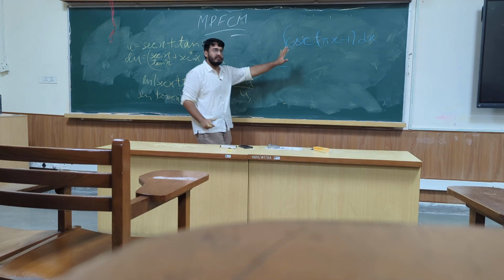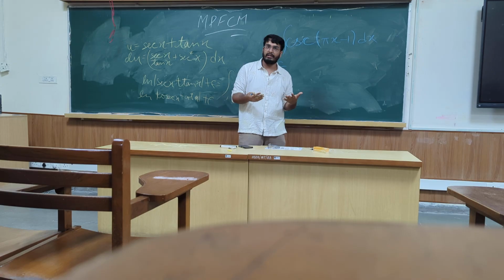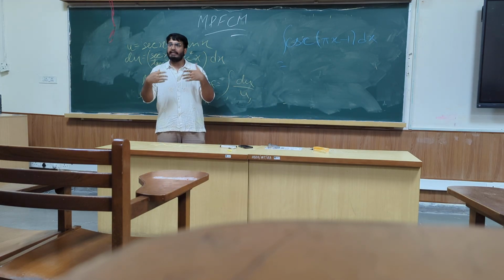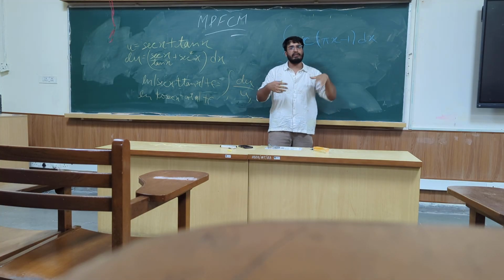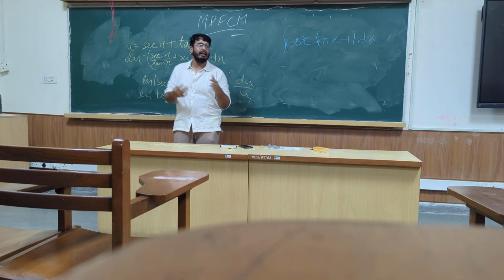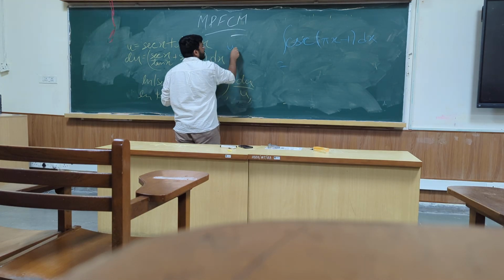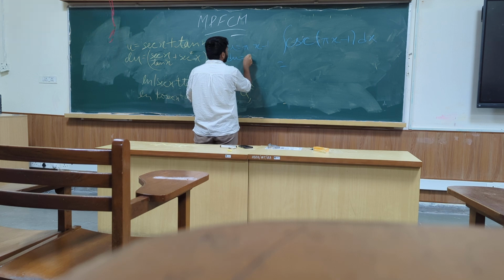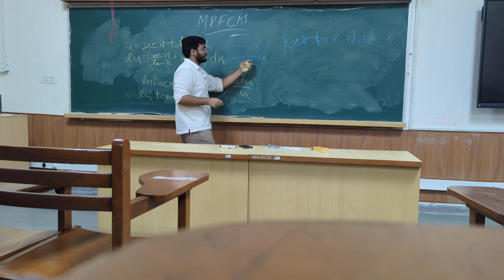Yet again, like I said, there are a few integrals that we are very well familiar with. So I can think of an integral of cosec L dL. So it might be sensible to take this entire thing as some other variable, u or L, and then we can proceed. Let us say I consider u equals pi x minus 1, then I would get du to be pi times dx.